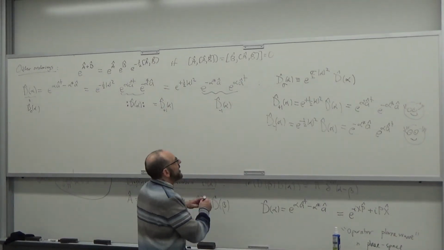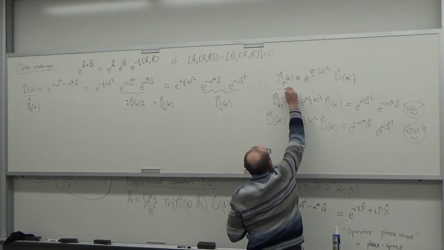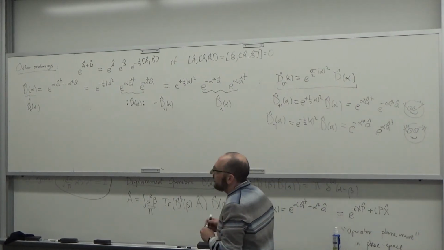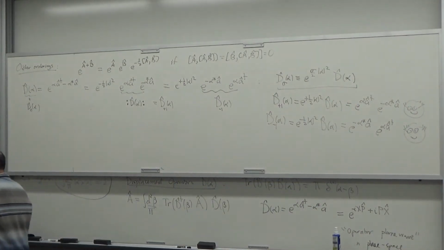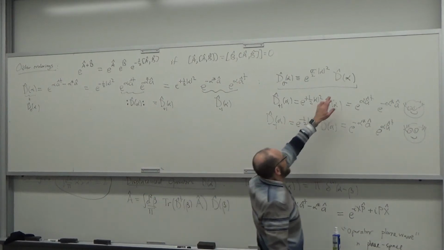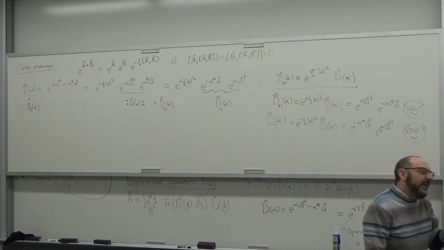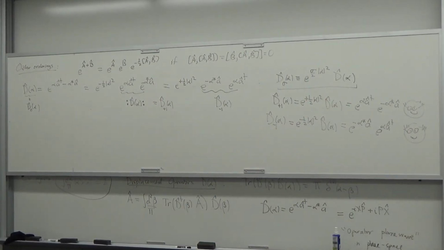So this tells us I can write the sigma ordered product in terms of this guy through that factor. And in fact, I can think about this as an analytic function.